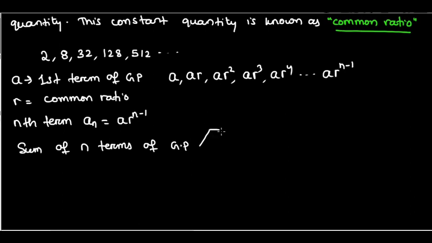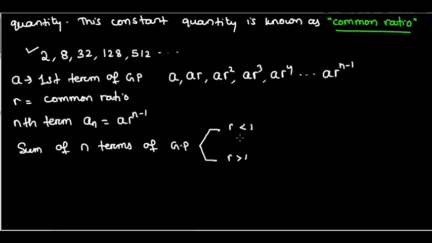The first condition is the common ratio R may be less than 1, or the common ratio R may be greater than 1. In this example I have taken 4 as the common ratio. So here 4 is greater than 1. But if I take the common ratio as 1 by 2 or 1 by 3, which is less than 1, then the formula of sum will be different. And if R is greater than 1, then again the formula of the sum will be different.